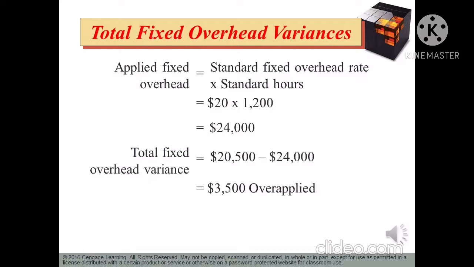The actual fixed overhead cost here is $20,500 minus the applied $24,000, which gives $3,500. It is over applied because the applied is more than actual.